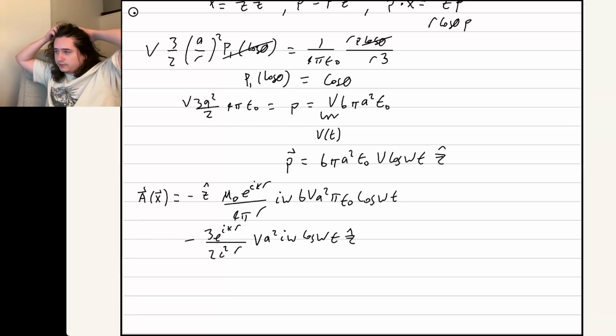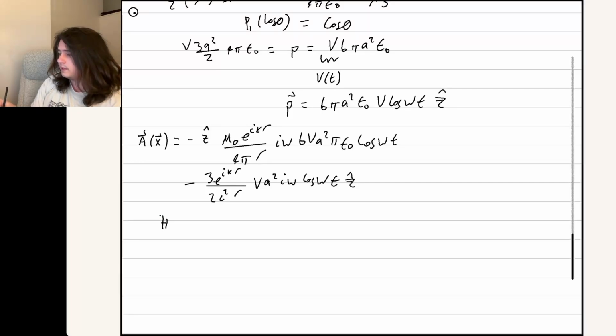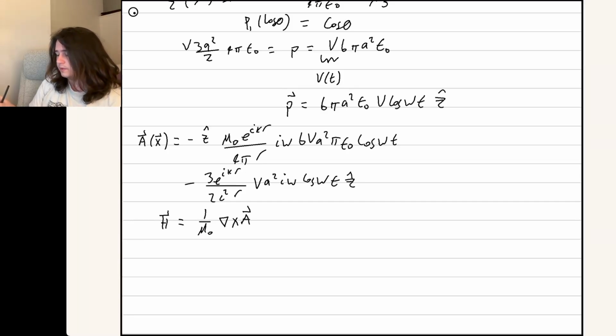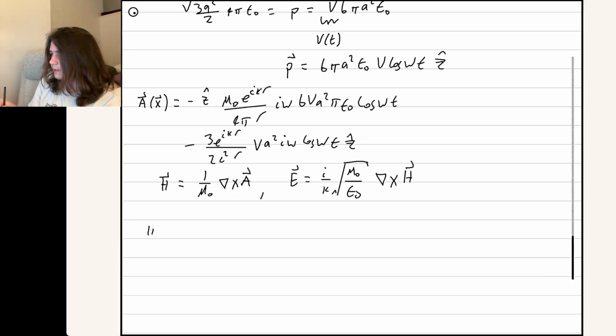We can actually find the radiation fields now. So that's going to be that the H is equal to 1 over mu naught times the curl of the vector potential, and then the electric field will be just i over k times the square root of the ratio of the permittivity to the permeability, times the curl of H. So we're going to have to calculate H first anyway, so let's just do it.